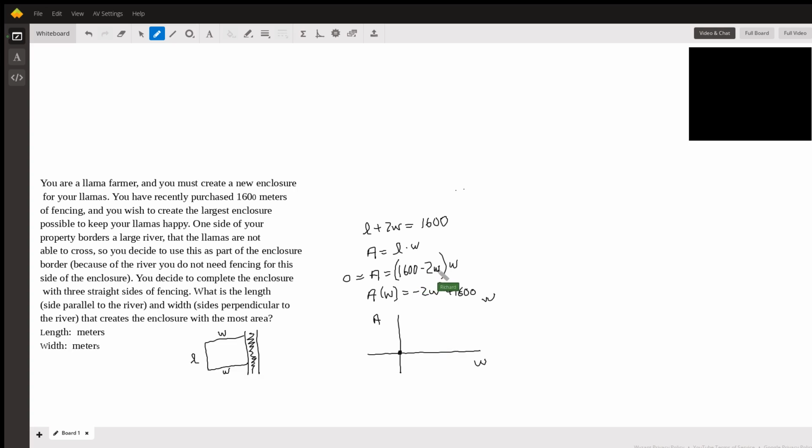And then you can see if W is 800, then this factor becomes 0. So 1,600 minus 1,600 is 0. So the other intercept here is going to be at 800. And we know this is a parabola opening down because the leading coefficient is negative. And so we can do a quick sketch of this parabola. And it looks something like that.